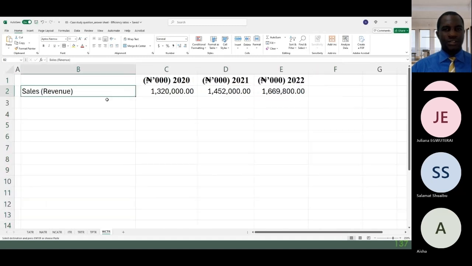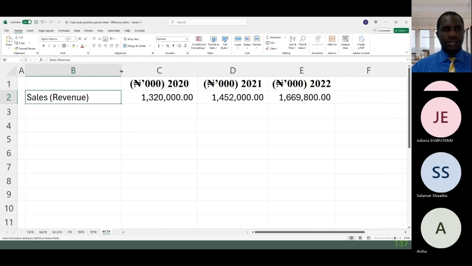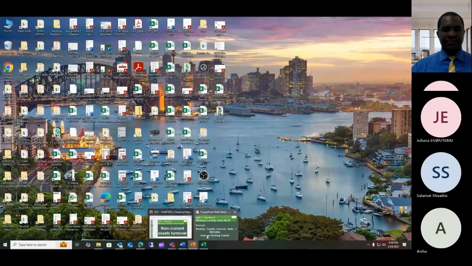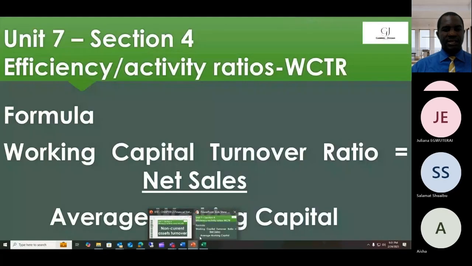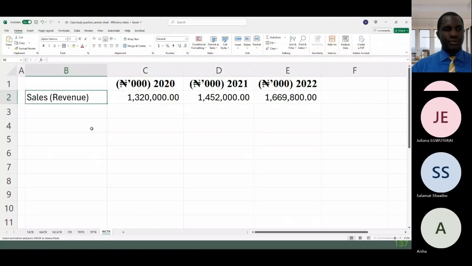Okay, fantastic. So let me zoom a bit so that we can see. We have our sales, which is our net sales. For average working capital, I'll prefer us to do it like this. Let's make it easier for ourselves because of the average we are computing.